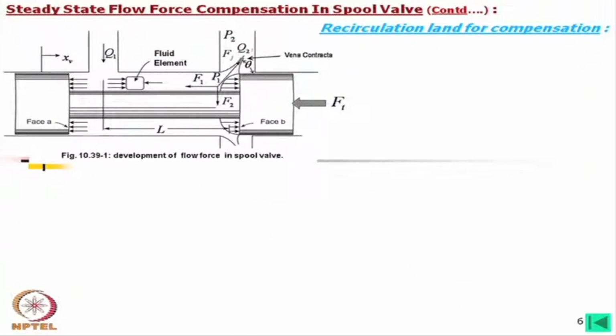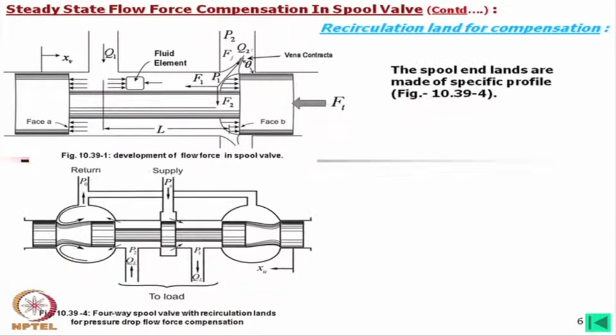Another method is the recirculation land for compensation. Now, in that case, let us look at what is happening in this valve. The spool end lands are made of a specific profile. This profile is made like this.